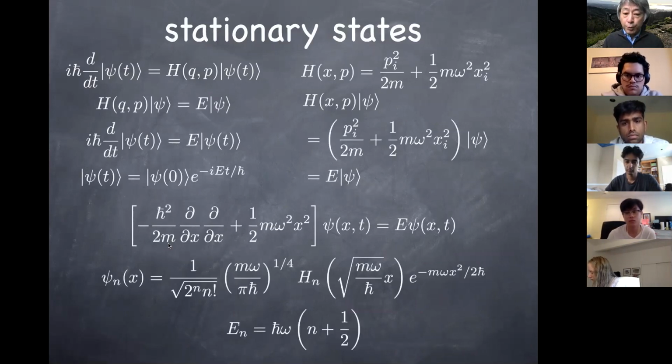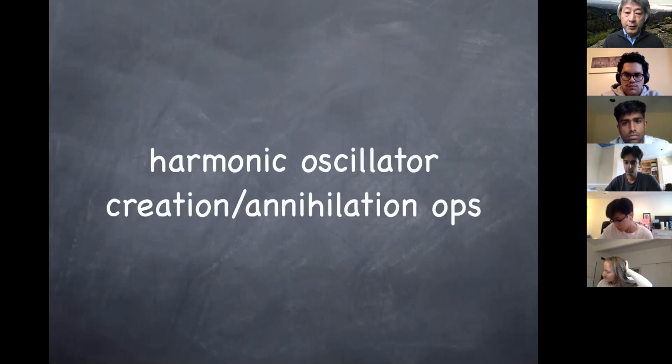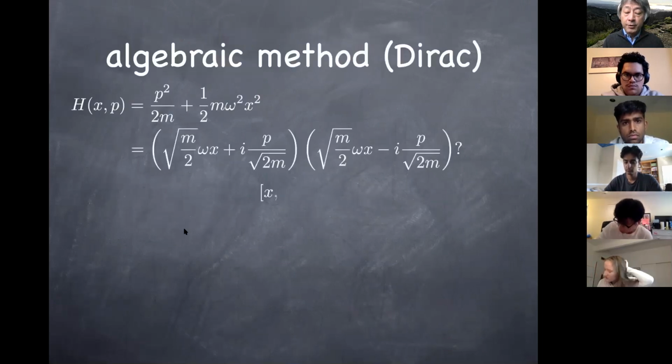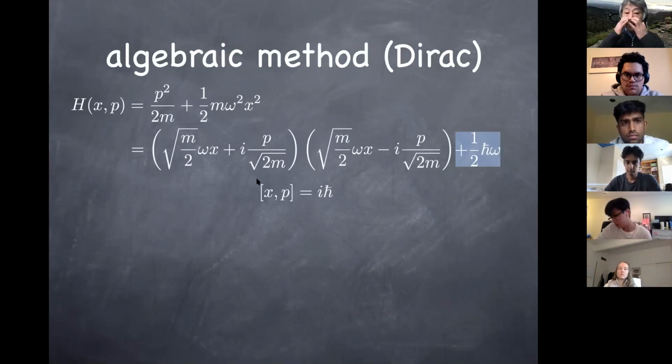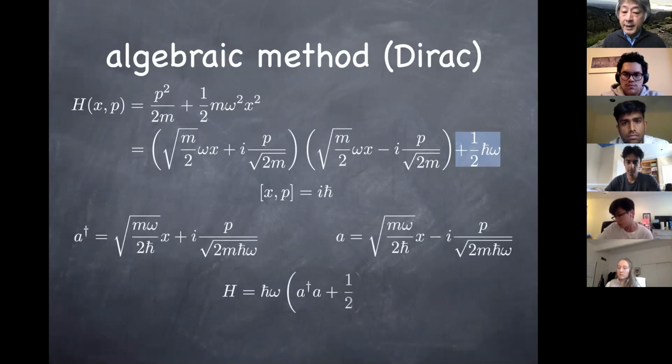So Schrödinger did this, Heisenberg did matrices, but in the end, according to Dirac, both of them turned out to be the same thing just by looking at these operators. Using operators written as a matrix in the energy eigenstates turns out to be Heisenberg's matrix mechanics.